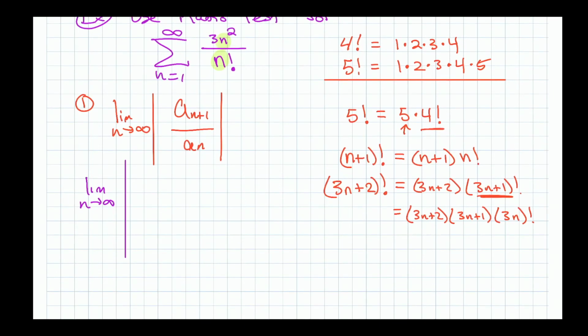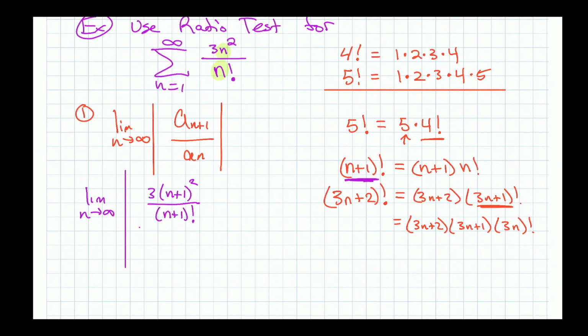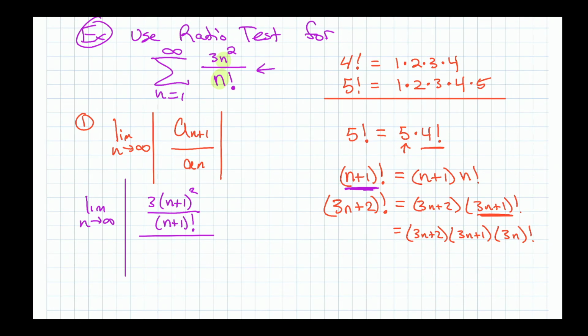So for a_(n+1) you get 3(n plus 1) squared over (n plus 1) factorial. You see why we're talking about these? In the denominator, we have a_n, which is just 3n squared over n factorial, exactly as it's written.